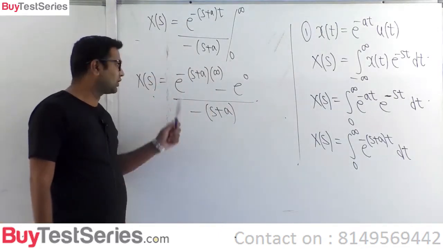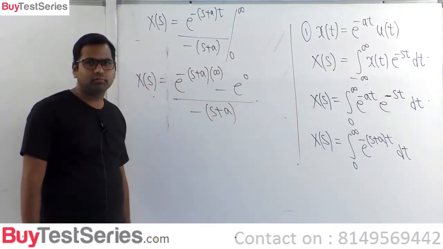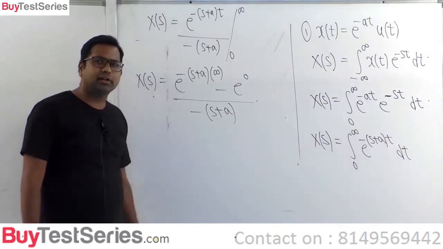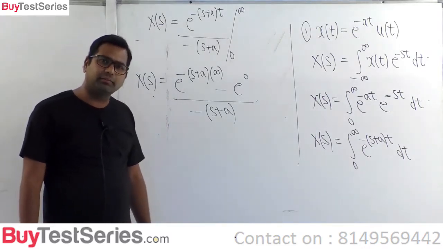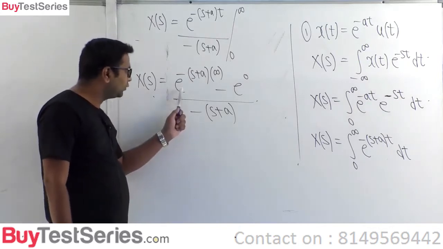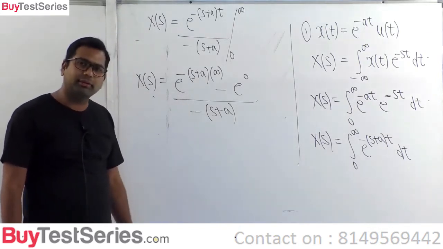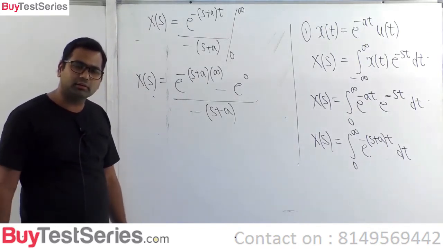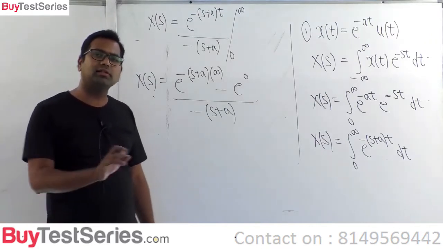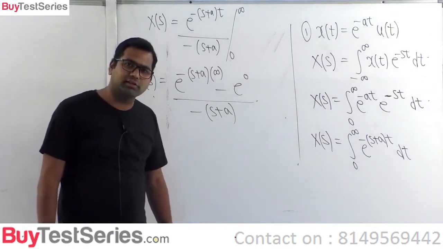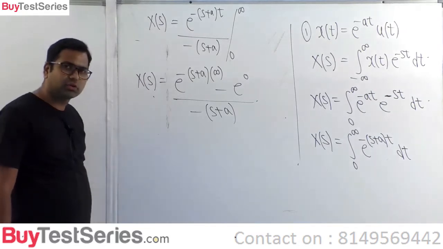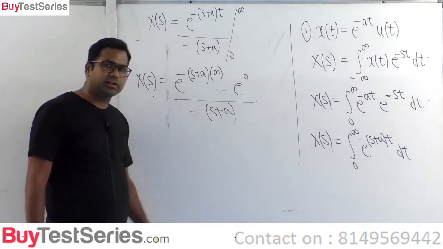Now, for the Laplace transform to be finite, we should get here e to the power minus infinity. If we get e to the power plus infinity, the Laplace transform will become infinite. But we want a finite answer. For a finite answer, the exponential term should be e raised to minus infinity.